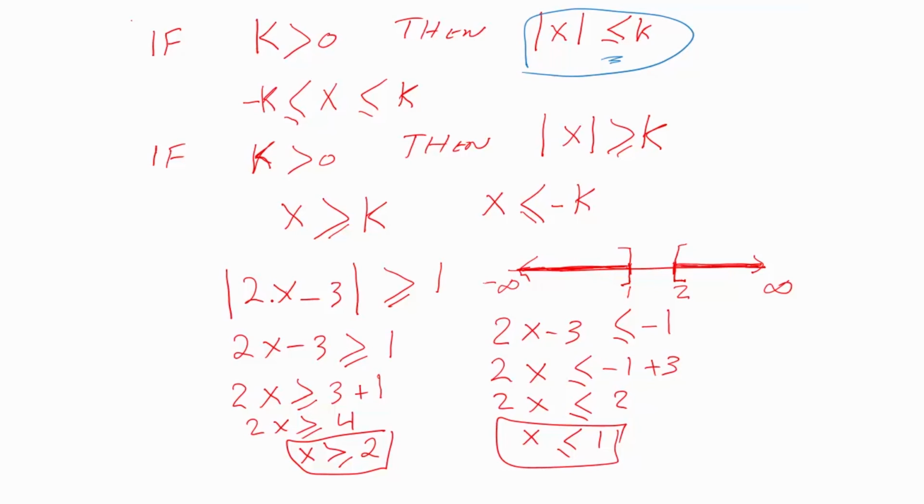So if x is 0, that means 2x is equal to 0. That means this is now absolute value of minus 3. Absolute value of minus 3 is 3. So 3 is greater than 1. So that makes 0 part of the answer. All right? Now we are ready to move to chapter 2.